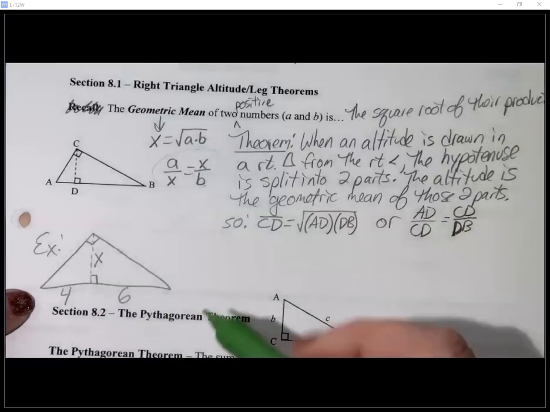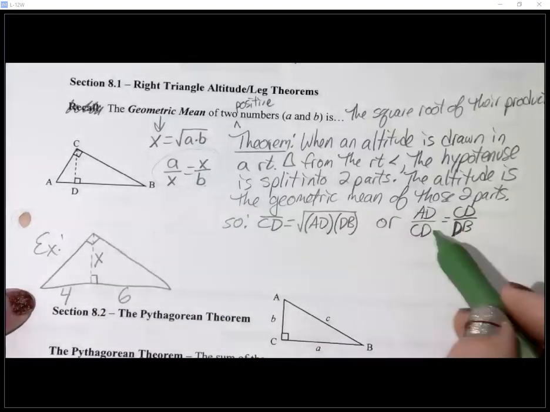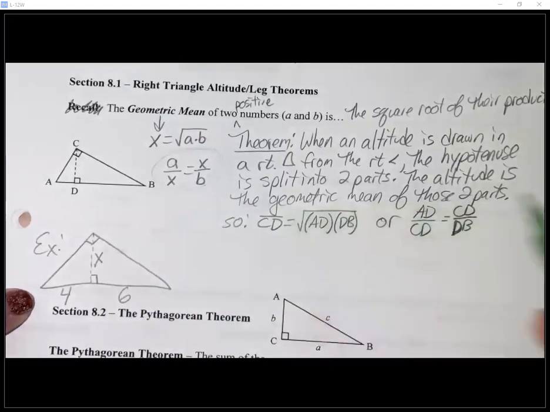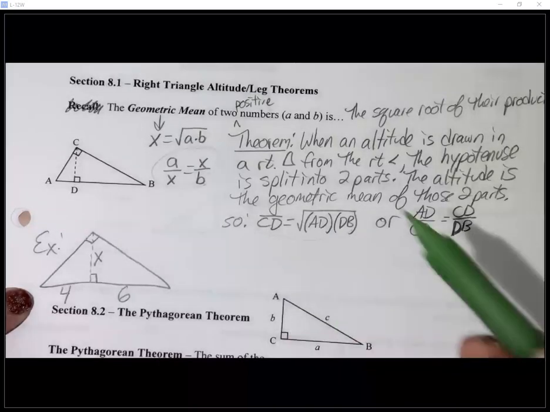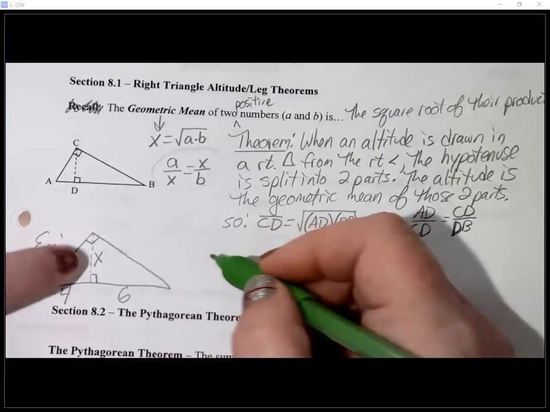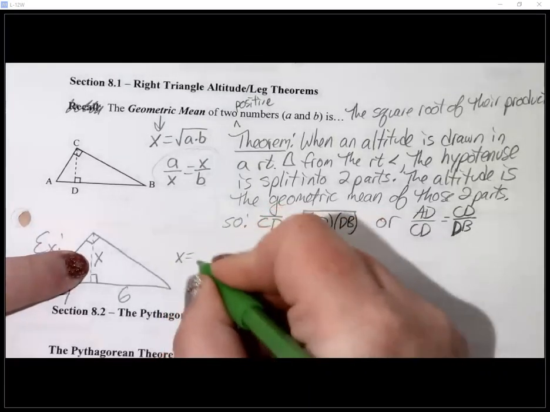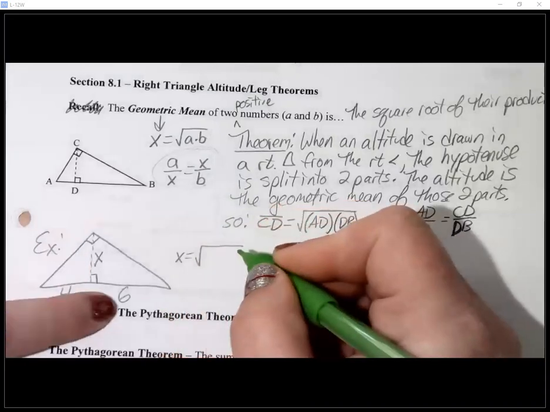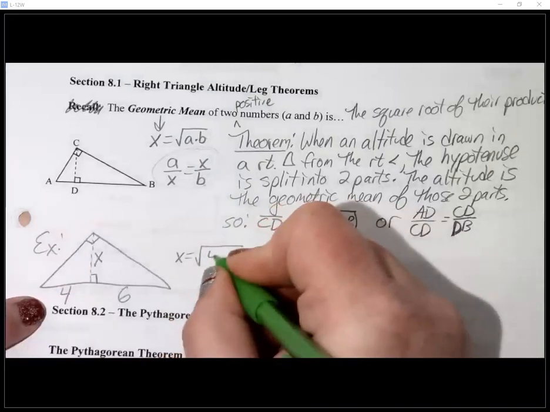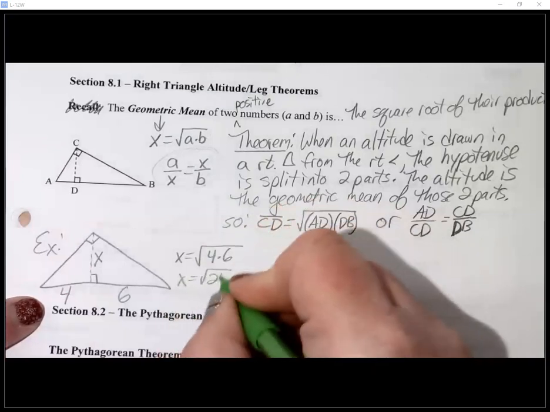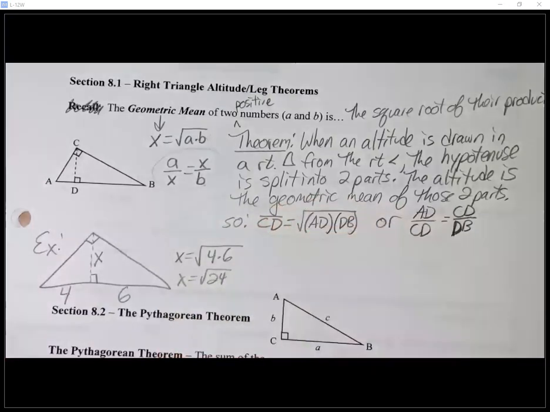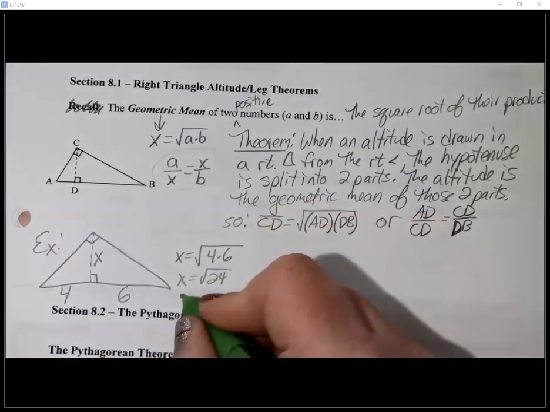So just in case you didn't get it, it really doesn't matter which of these two you use, I'll do both, just so you have both done out. If you like this equation, that's basically what you're doing. The altitude is the geometric mean, which means if I multiply these two together and take the square root, we get the square root of 24, which if you simplify splits into 4 and 6. So yes, 2 root 6.